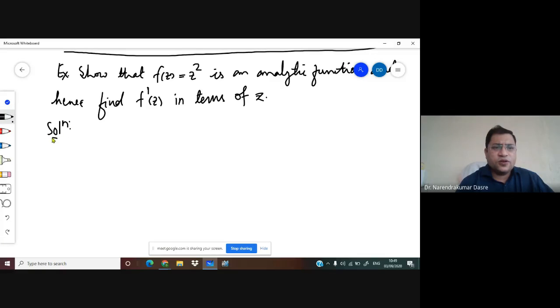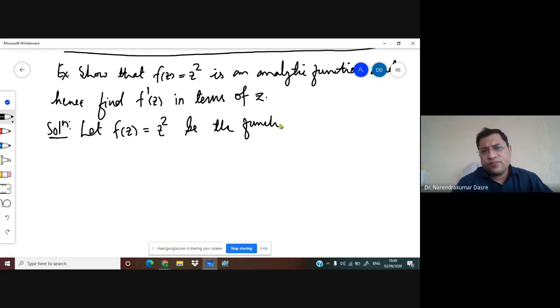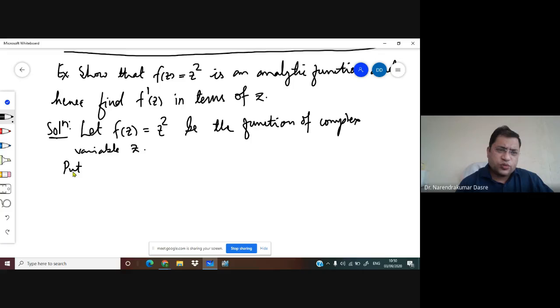We have that f of z is equal to z square be the function of complex variable z. What I'll do is separate the real and imaginary part, which we have done in the first semester. So we put z is equal to x plus iy, and then we are able to get the real and imaginary part.